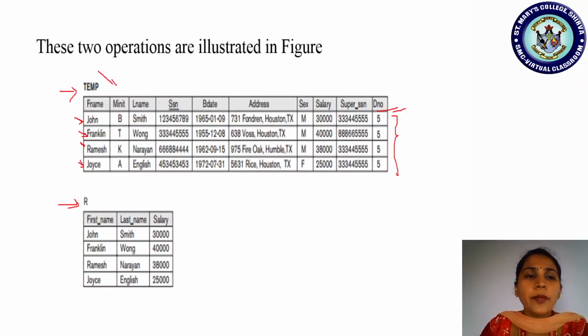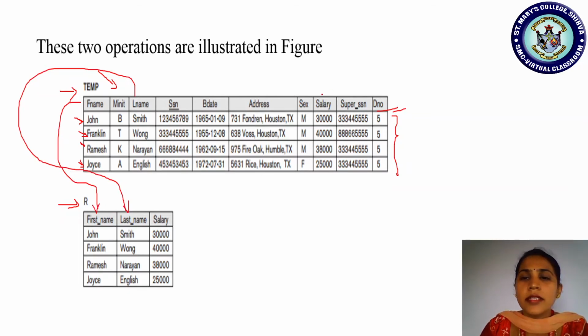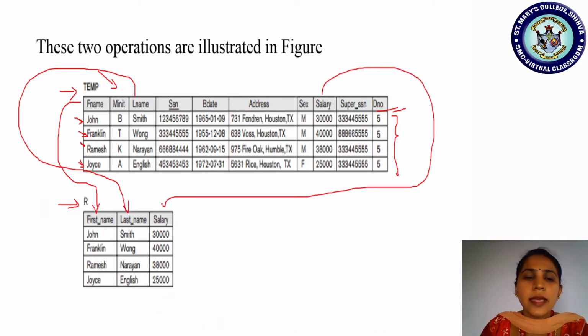So on applying project on this temp, the F name is replaced with first name, then L name is replaced with last underscore name, and salary is retained as the same column name. Did you all understand? Here R is the table name, the new name. The result is stored with the new name R and the attribute names are also renamed with first name, last name and salary. Okay.